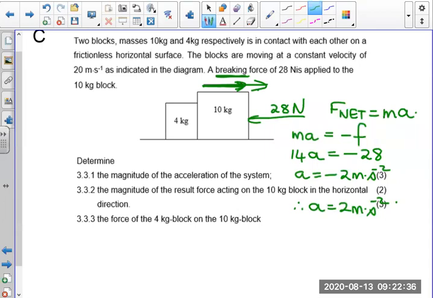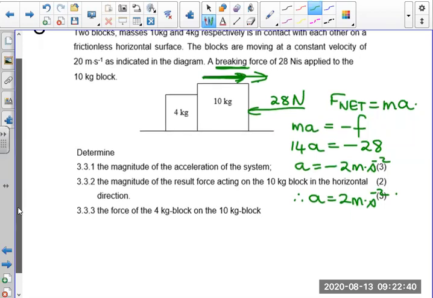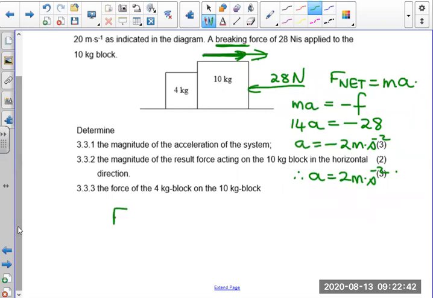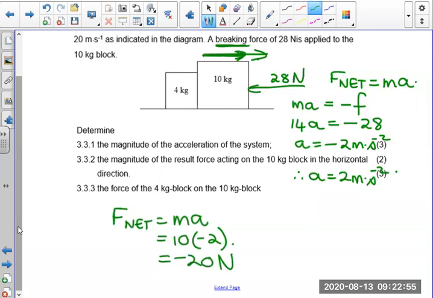So if they want the resultant force, or the net force, only on the 10 kilogram block, then we can say F net equals M times A. The mass of this block is 10, but I have to substitute in minus 2. So I'm going to get a force of minus 20 Newton. So on the 10 kilogram block, we have a 20 Newton force, but this force is going to the left, opposing the block going forward.